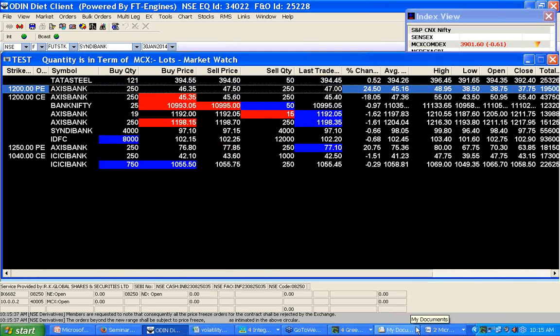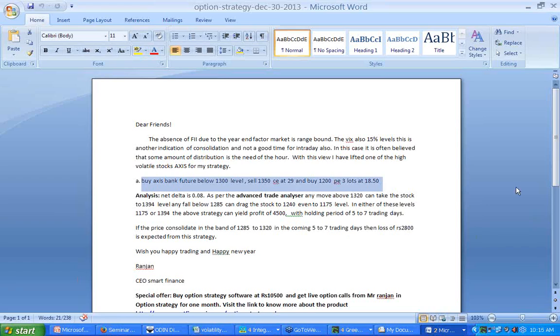So 7 rupees is profit, and 7 into 250 is 1750. Almost 10 days are over since the 30th, and this strategy is giving a profit of 1750.